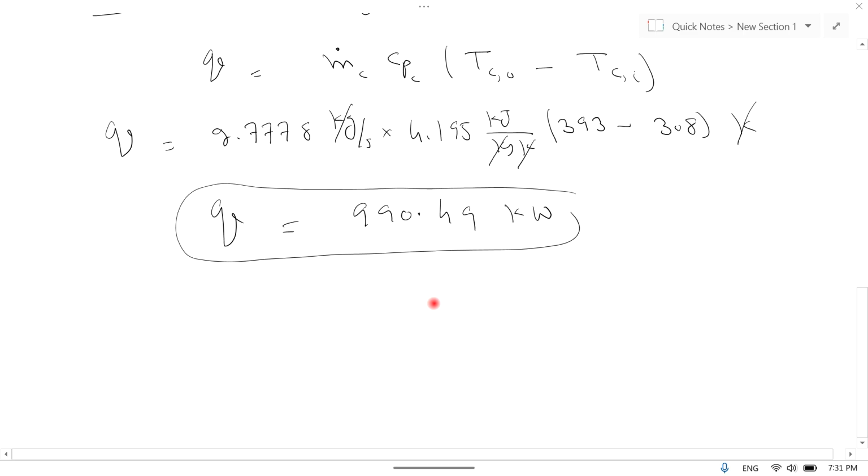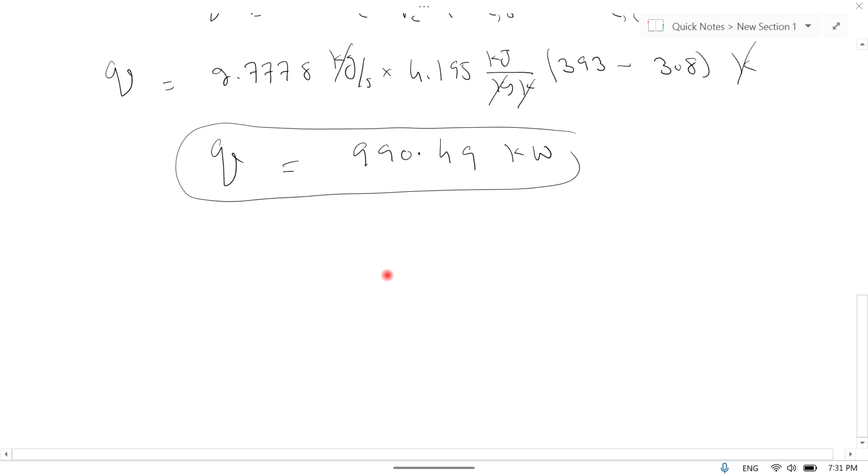Now we find the temperature of hot water outlet, T_h,o, because it is needed in the log mean temperature difference value, since we will use the log mean temperature difference formula to find the area of the heat exchanger.